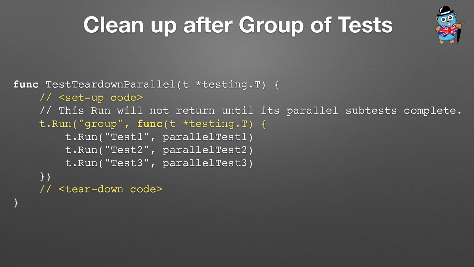So I can wait until these complete, and then the teardown code will be executed. In this case, it will be fine to use defer, right? Because same thing. So that's how you control parallelism.